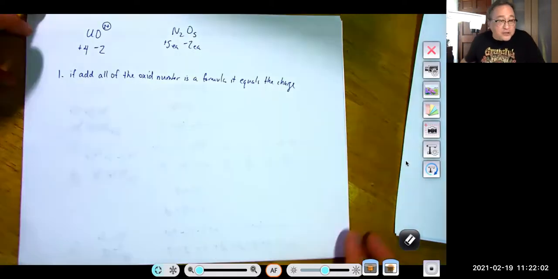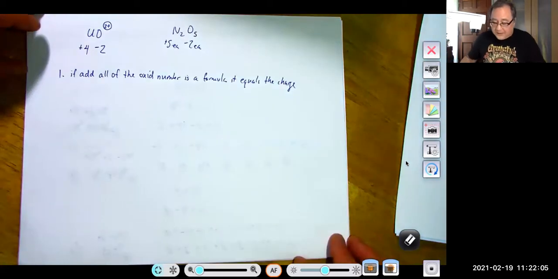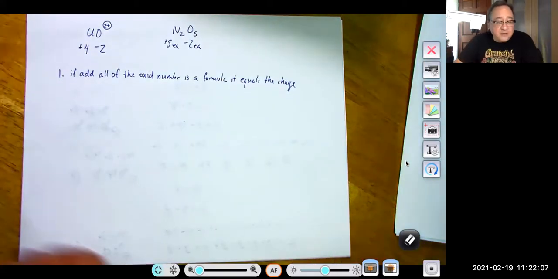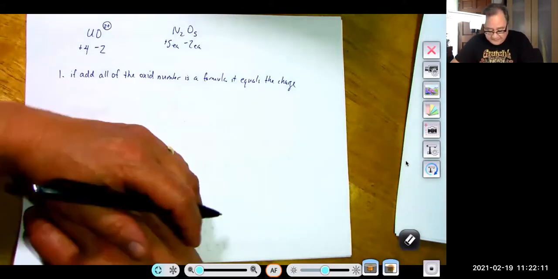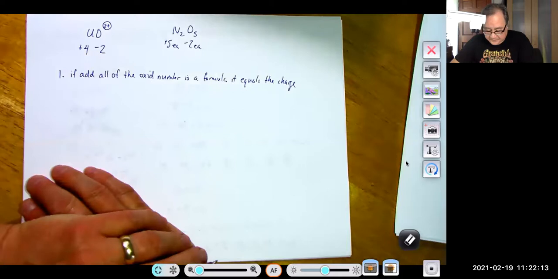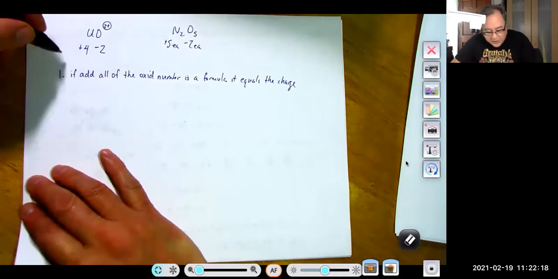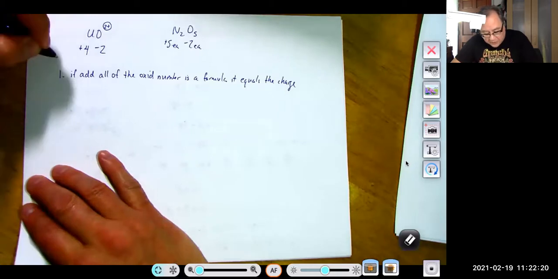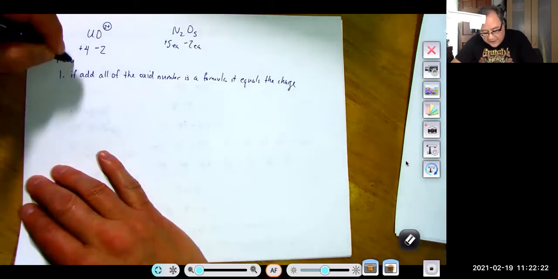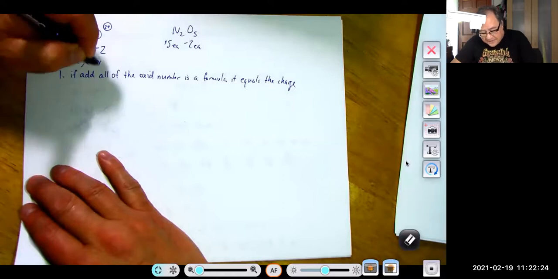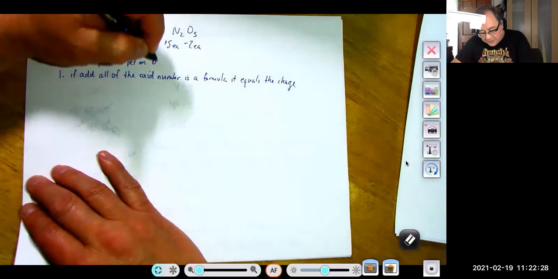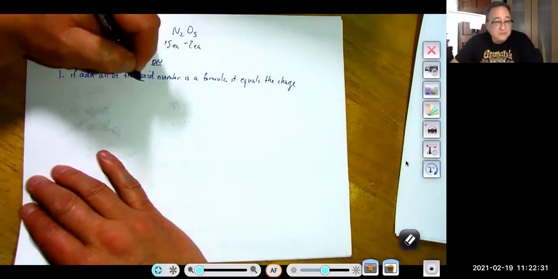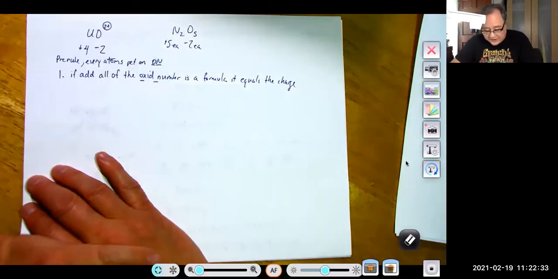So if the charge is 0 on the formula, it equals 0. If the formula is an ion, it's the charge of the ion. And there's really a pre-rule for one. The pre-rule would be every atom gets an oxidation number.